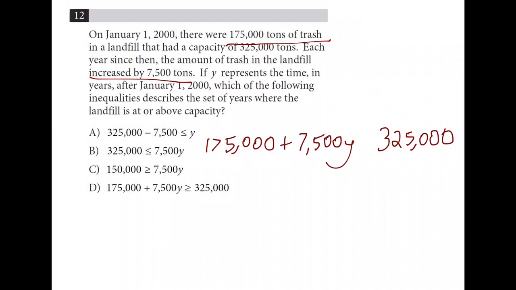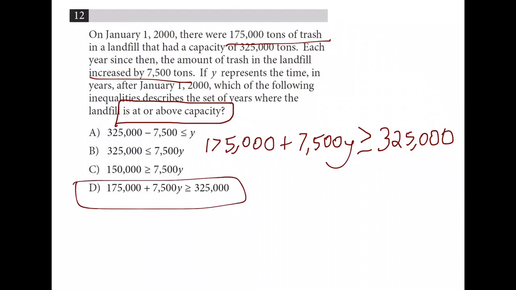Each year we add a certain amount, and 325,000 is our maximum capacity. So they want to know, when is the landfill at or above capacity? Most of these inequality questions will ask, when is it below capacity? So the difference here is that our inequality is facing this direction. And if we look, you can see that D is our best answer.